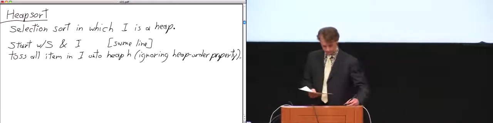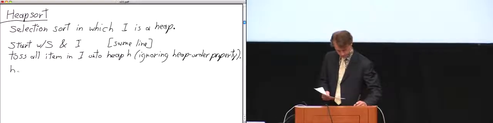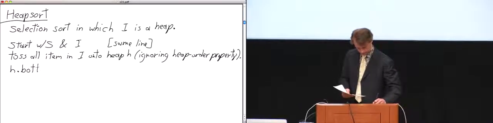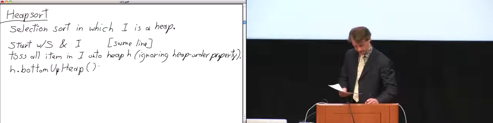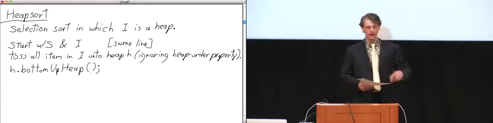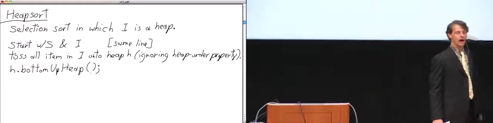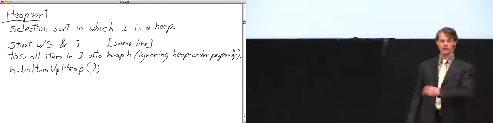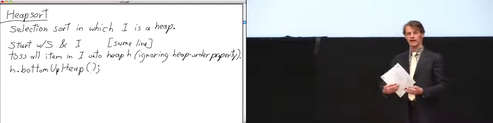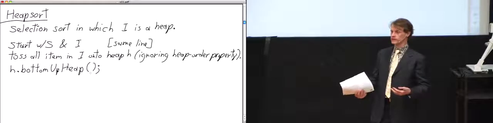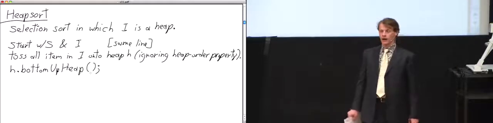And we have an algorithm for doing that, which is in the lecture notes for the lecture I gave on binary heaps. You might recall that there is an algorithm that in linear time will take an unordered array and convert it into a heap.